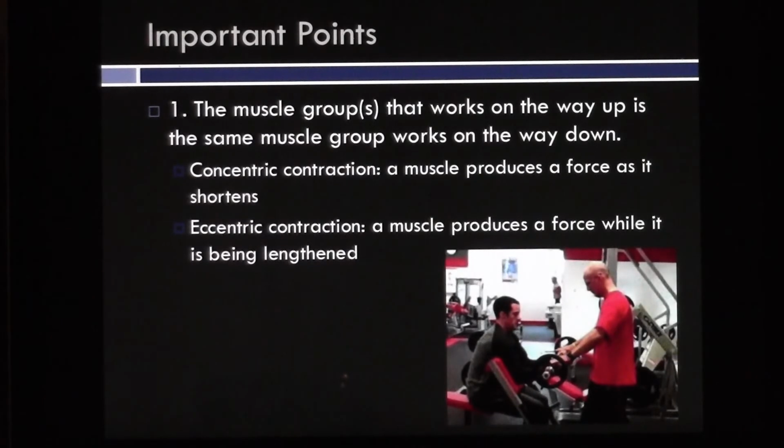So, again, you could look at a squat. If somebody's doing a squat, which way is the hard part, basically? That's the way up, right? That's where you're resisting the resistance, which is gravity. So on the way up is the hard part. So what happens on the way up? You could probably analyze this now, right?